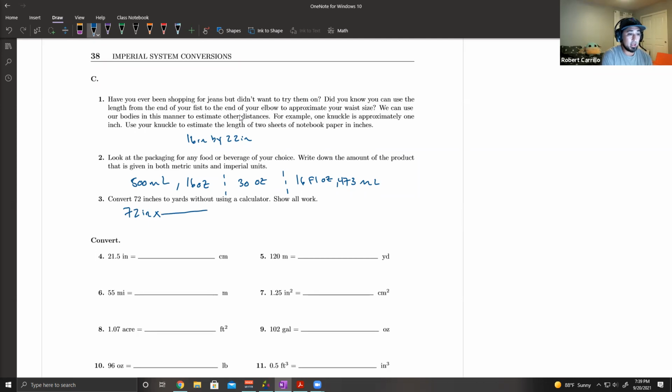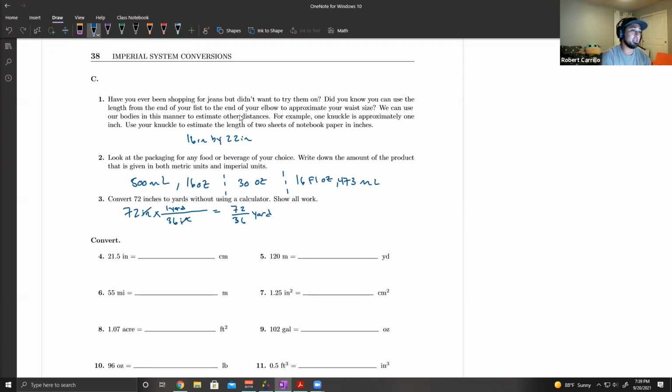And you said that in 1 yard, there are 36 inches? Yep. All right, cool. That means my inches would cancel. And you would have 72 over 36 yards.